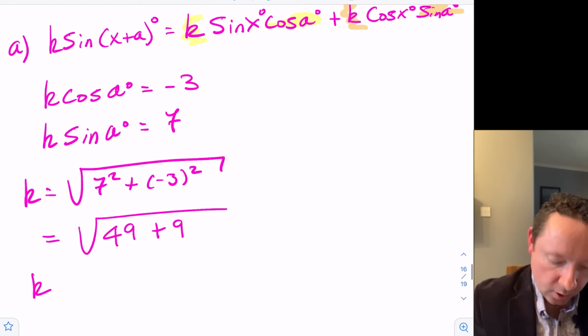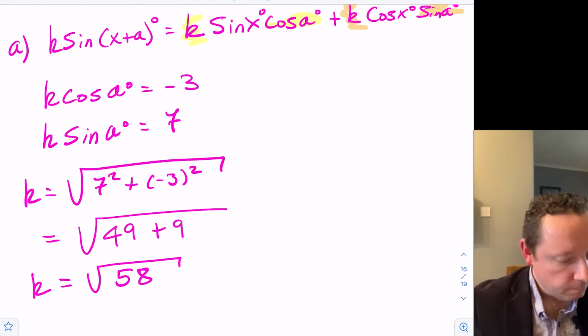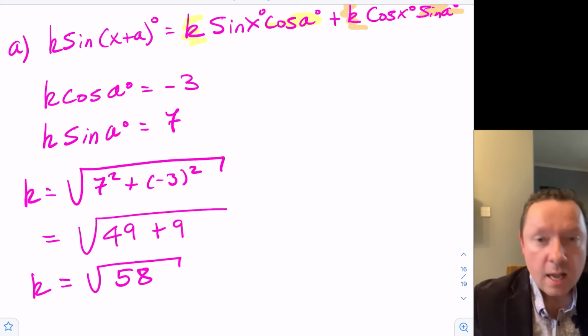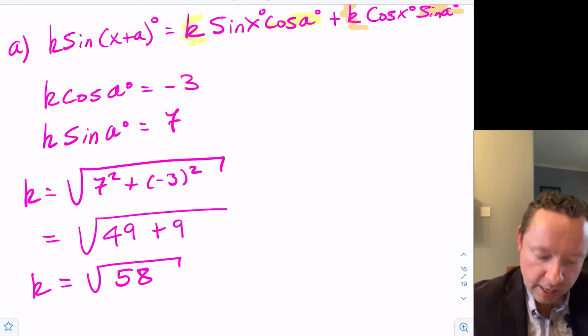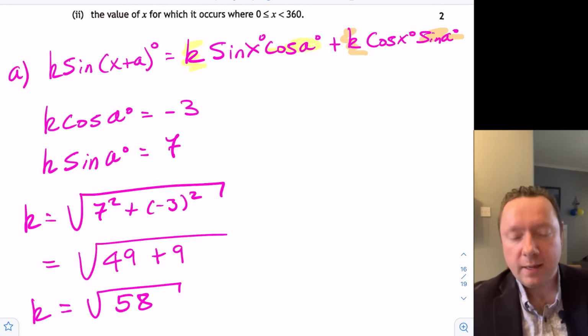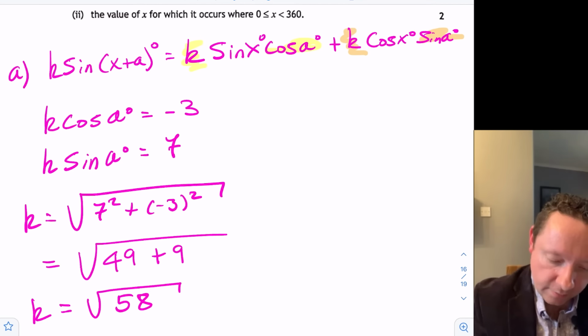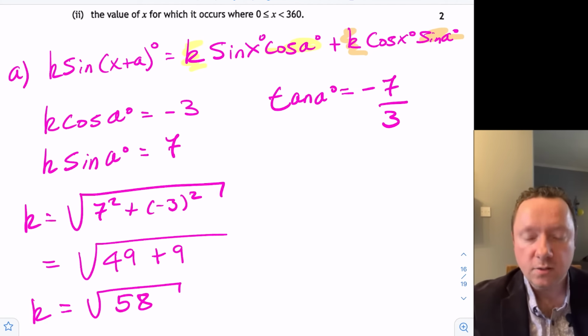So k becomes the square root of 58. I would usually use an exact value if we can. And then, because sine divided by cos is tan, I can say that tan a is equal to minus 7 over 3, or 7 over minus 3.